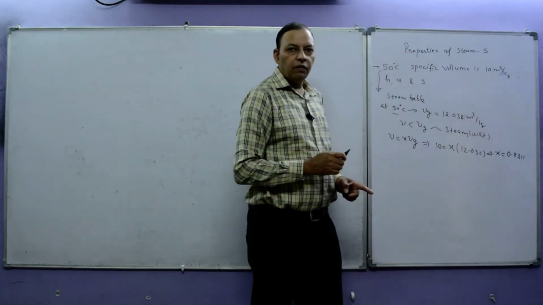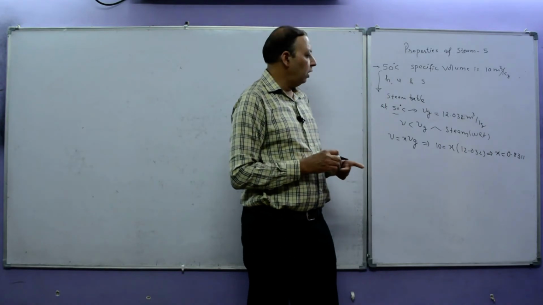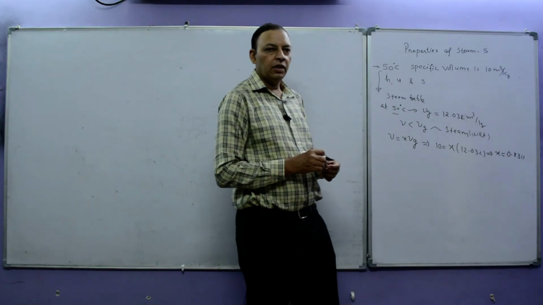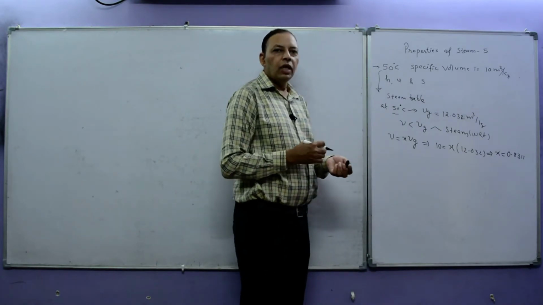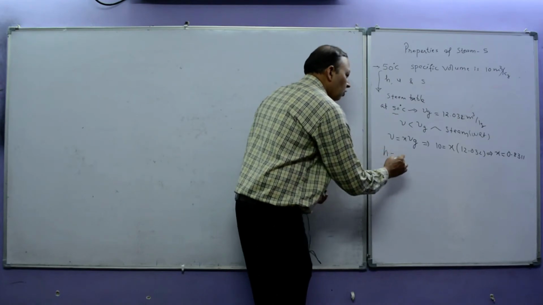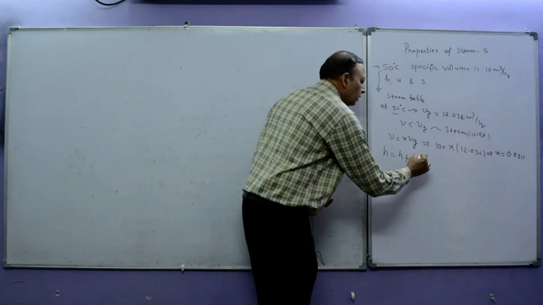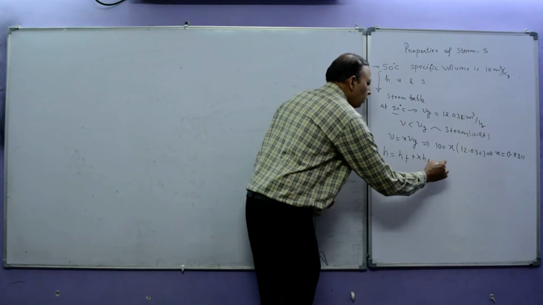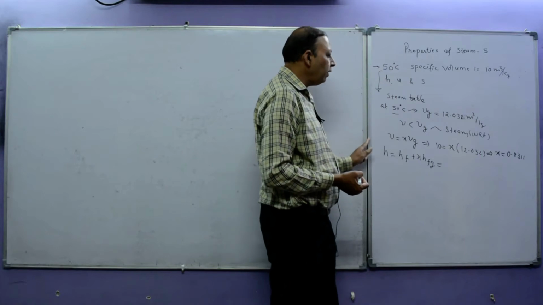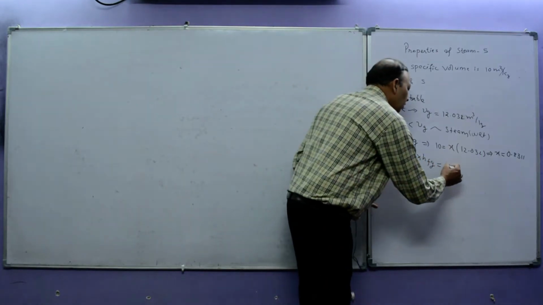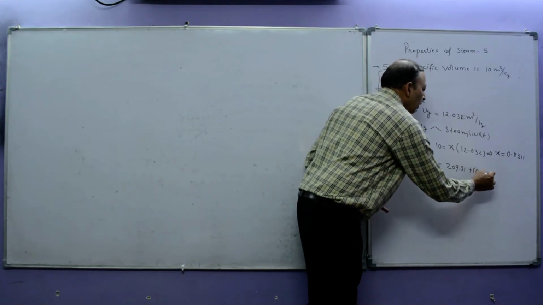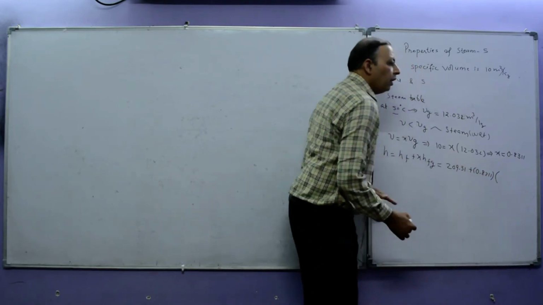So in this numerical we have identified the type of steam, which is wet steam, and after finding the type of steam, our objective is to calculate its quality of steam or dryness fraction. Then with the help of given formula we can calculate the value of enthalpy. Enthalpy formula: H is equal to HF plus x HFG. Value of HF at 50 degrees Celsius, again from the steam table, is 209.31 plus 0.8311 multiplied by HFG.